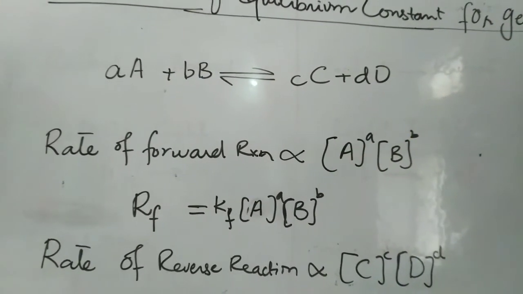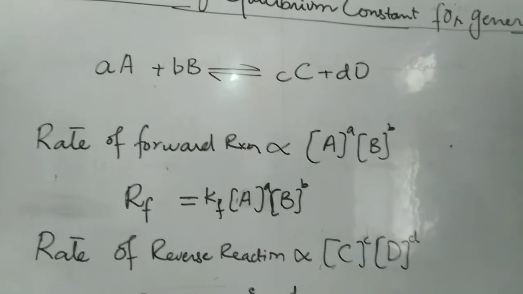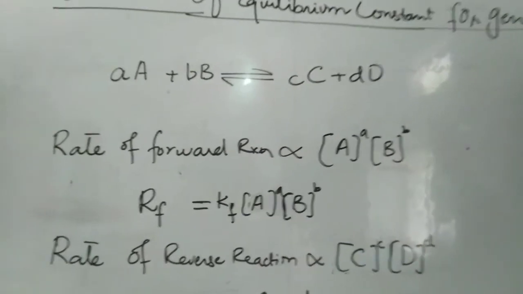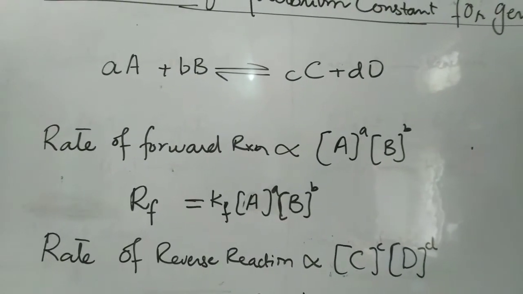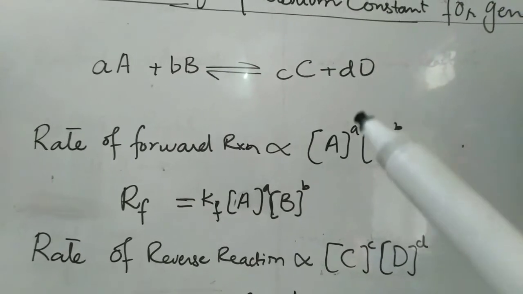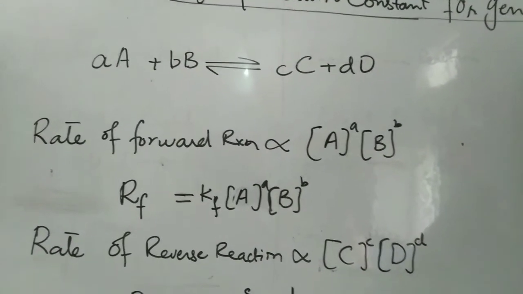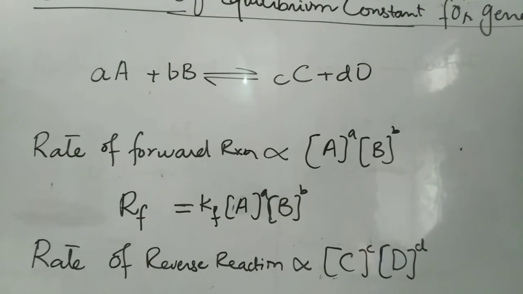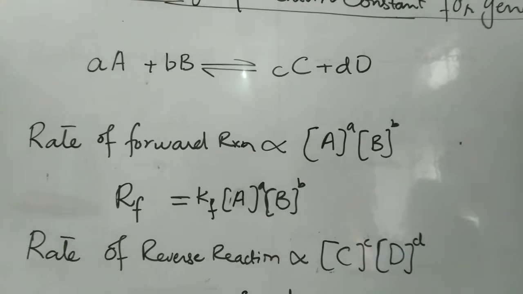So let's start with the law of mass action. According to the law of mass action, the rate of the forward reaction is directly proportional to the active masses of A and B. Here we are converting the exponents into powers. It could be 2, 3, 4, 5, anything. As in maths we multiply the powers, same here we do that, multiplying A and A and B and B, just like in mathematics.